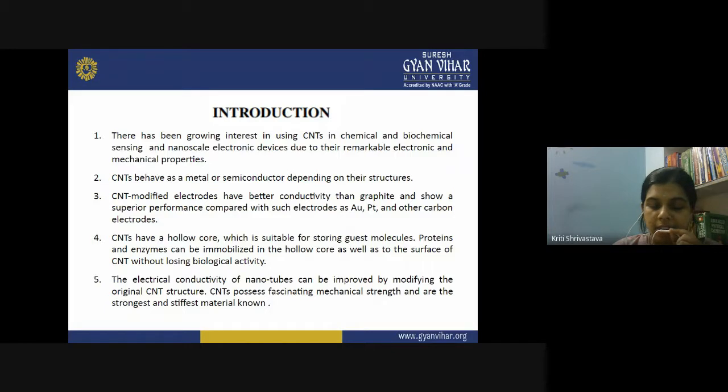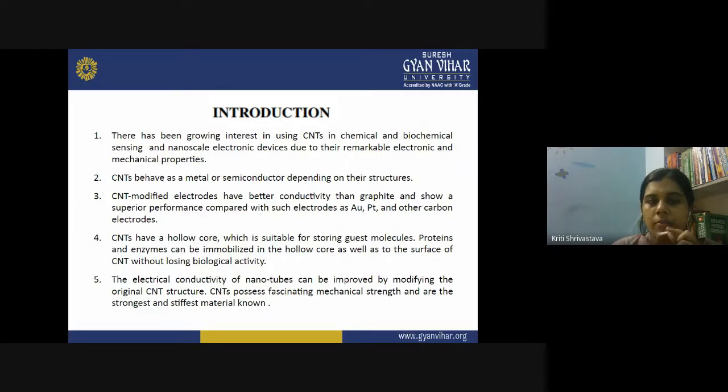We have seen that in electroanalytical chemistry, generally three electrodes are used: reference electrode, auxiliary electrode, and working electrode. All the modifications, chemical modification or any other type of modification that we are studying in this unit, are basically for the modification of the working electrode.